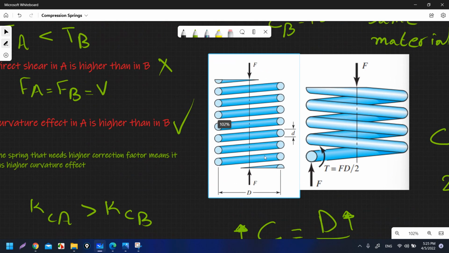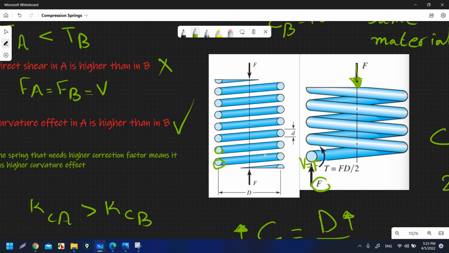When we apply a compression force on the spring and make a section at any of the wires, the shear force will equal V. So if I apply a force with a magnitude of F and make a section, the value here, which is V, is also equal to F.